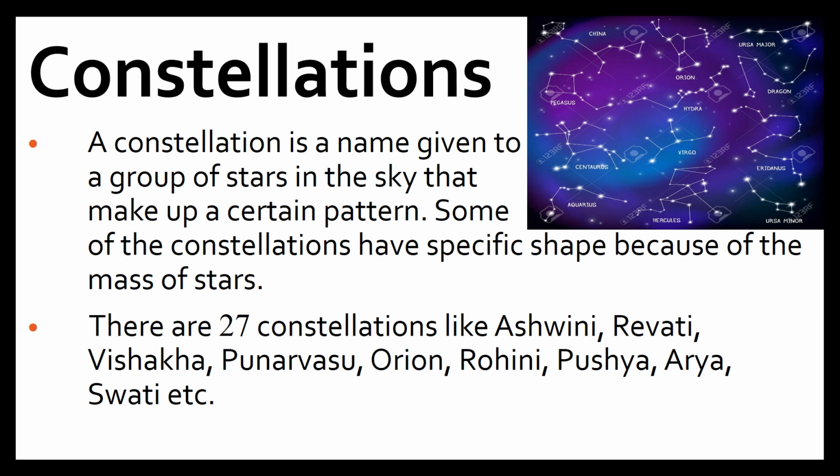There are 27 constellations like Ashwini, Revati, Vishakha, Punarvasu, Orion, Rohini, Pushya, Arya, Swati, etc. Students, remembering the names of constellations is not easy, but they can be easily memorized by repeated viewing and understanding. Some names are remembered as they are associated with auspicious work, like at the time of Pushya constellation, gold and silver is purchased.